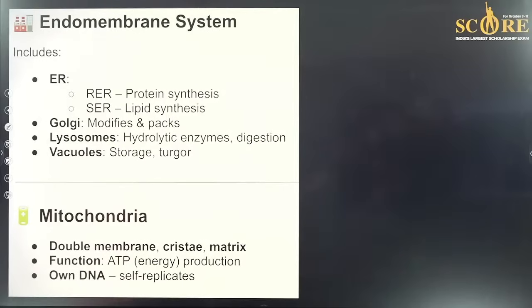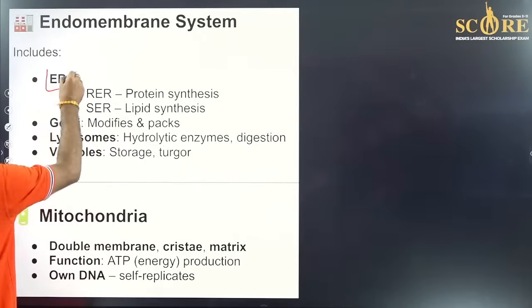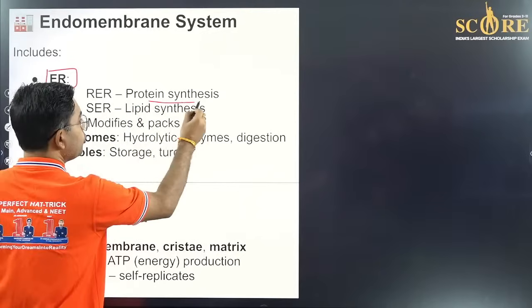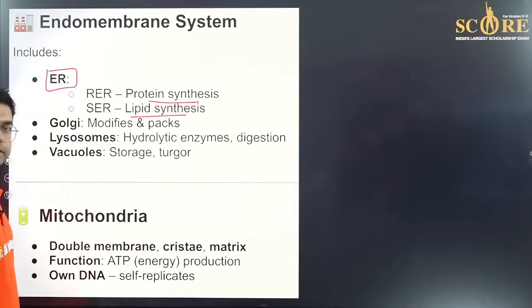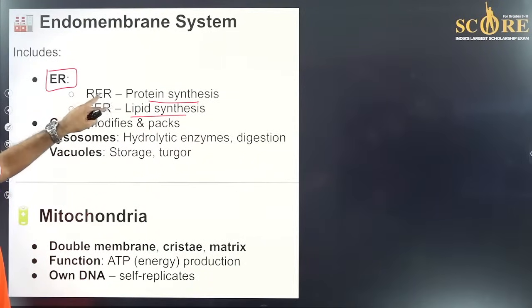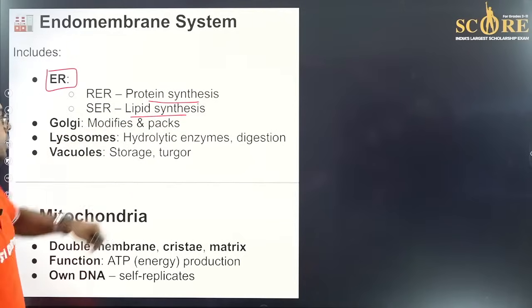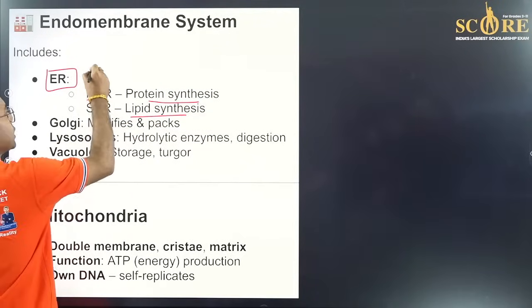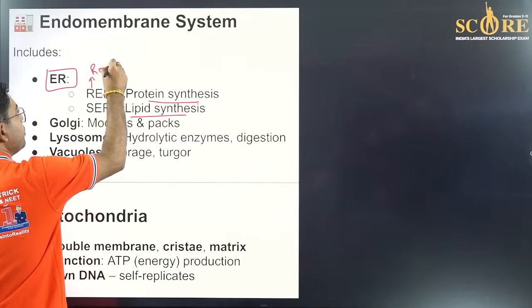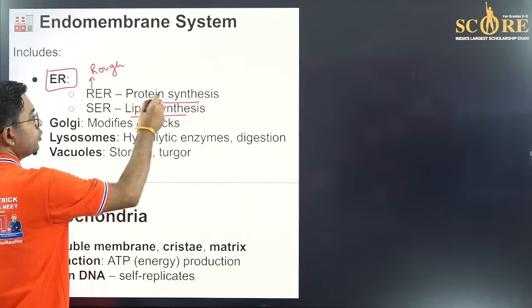Then further, if we see, there is a system of membrane which is called endomembrane system. It consists of endoplasmic reticulum, which has a function of protein synthesis and lipid synthesis. Rough endoplasmic reticulum, RER means rough, protein synthesis.